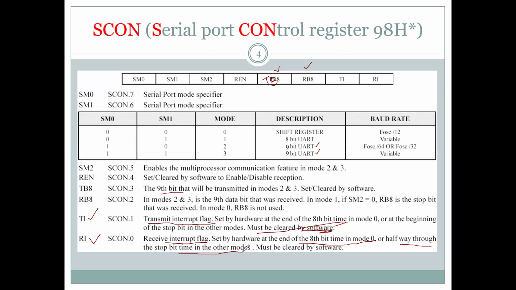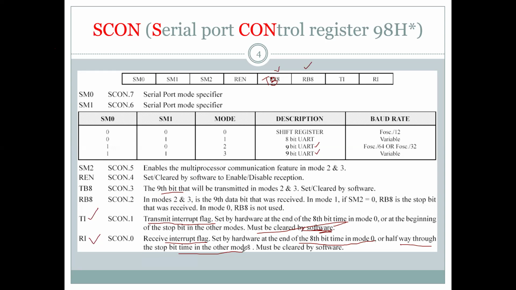It may be overwritten with the next received data item. To avoid that overwrite, RI is a valid bit which will be cleared by the CPU. Then only the next data byte reception will start. That's the purpose of clearing by the CPU.